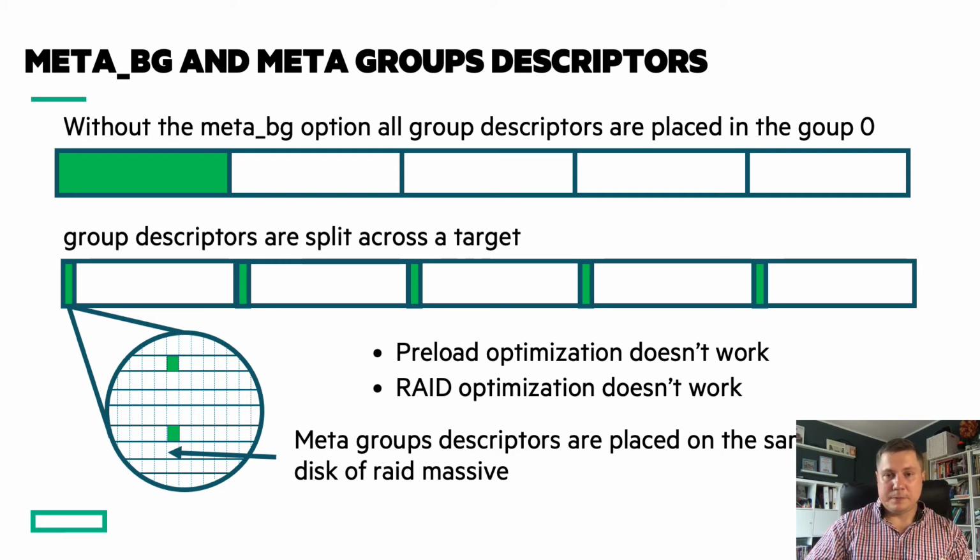This picture shows that if we do not use the MetaBG option, all block groups metadata is stored at the start of the disk, and it is continuous. So we can use some preload optimization, and the file system is mounted quite fast. But if we use MetaBG, the same information is split across the entire partition.